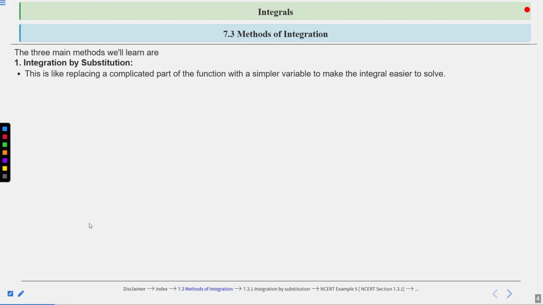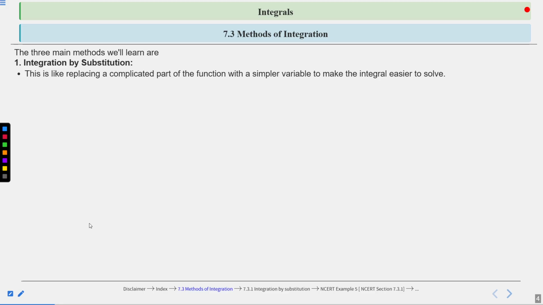Substitution means, sometimes you will see that the integral we are given to solve is not integrable directly. So you need to substitute some variables or terms in terms of another variable so that it comes in the form of something integrable.